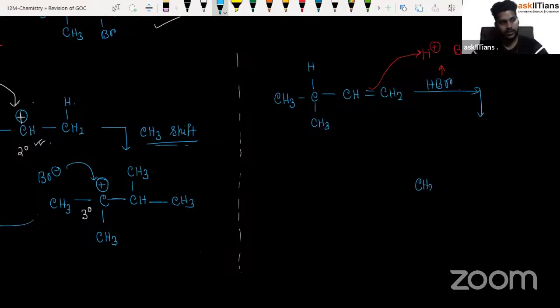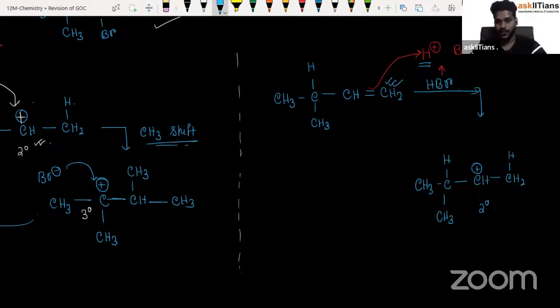I'd get CH3, CH, CH3, single bond, CH, single bond, CH2, and H. I'm asking the hydrogen to connect with this carbon because a 2-degree carbocation is going to get generated at first. If the carbocation gets generated on this carbon, it would be a 1-degree carbocation. So I'm writing this one because this is the major carbocation, a 2-degree one. So this is going to get formed here.